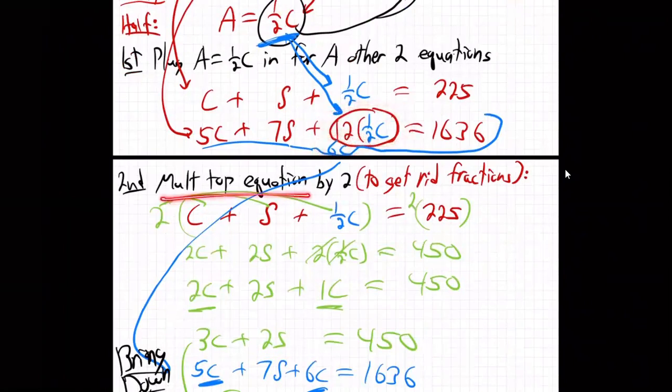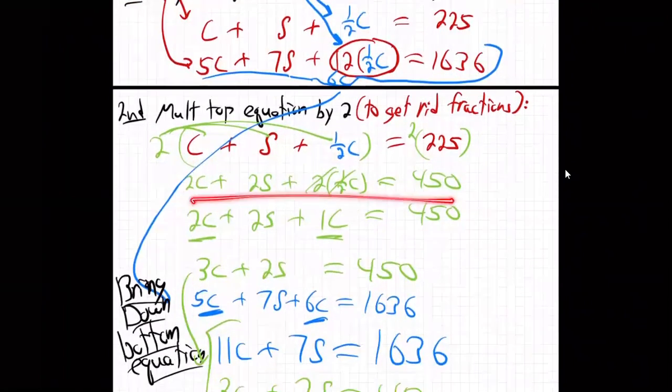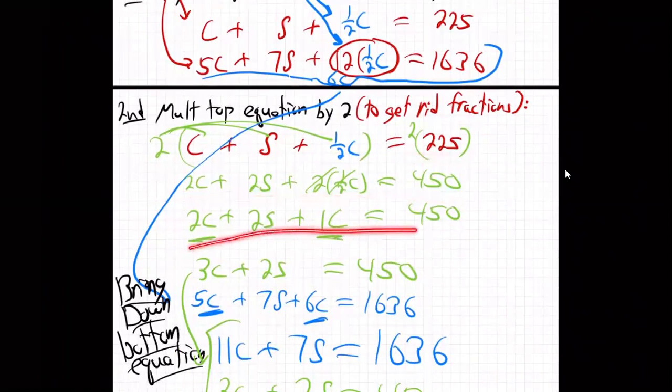So first off, multiply the top equation by 2 to get rid of the fraction, because in this top equation, we have a fraction, right? So multiply through by 2. We do that. Multiply both sides. Multiply the right side by 2 also. You can't just do the left side. Got to do both sides. You get here. And then combine the 1C and the 2C. You see that?